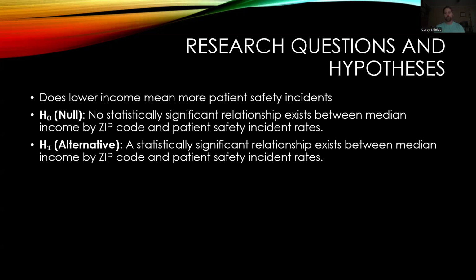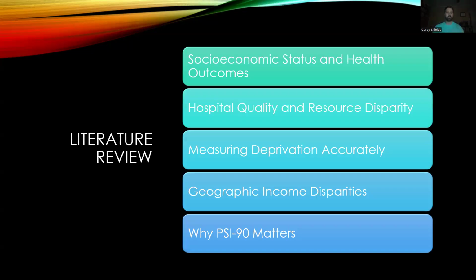Our initial observations suggest a correlation between median household income by zip code and the frequency of patient safety incidents reported by CMS. This study explores whether low-income communities are at greater risk for adverse healthcare events. So, are lower income areas more likely to have higher rates of patient safety incidents?